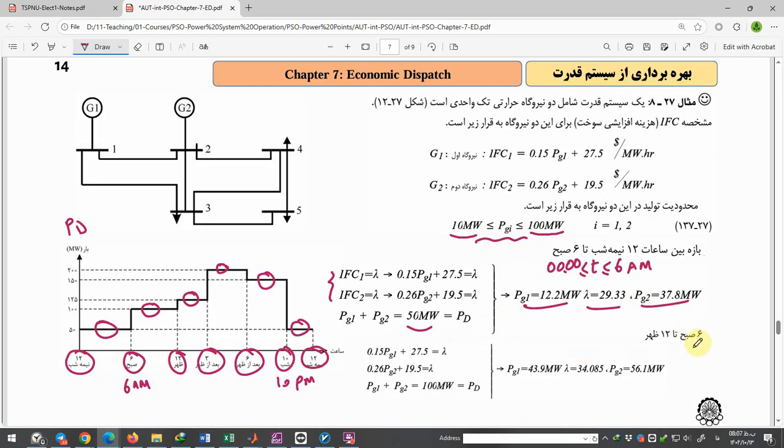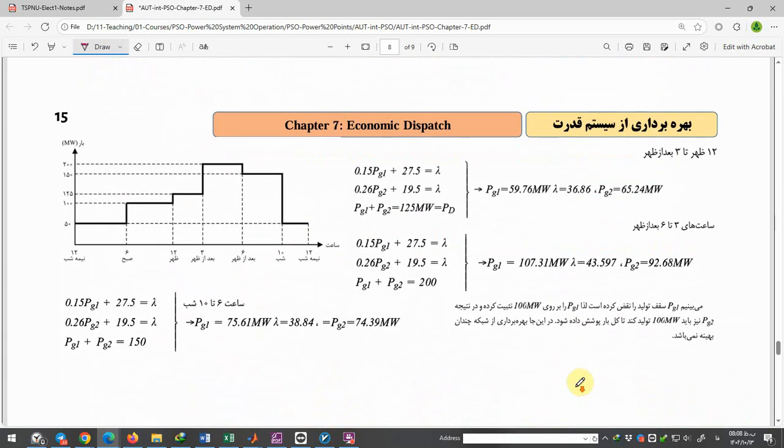After that, for 6 a.m. to noon, the PD is 100 megawatt, and the calculation is here. And after that, for the other periods of time, we have to write the equations.